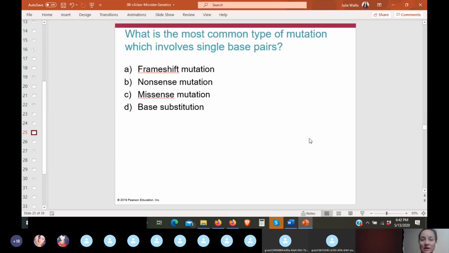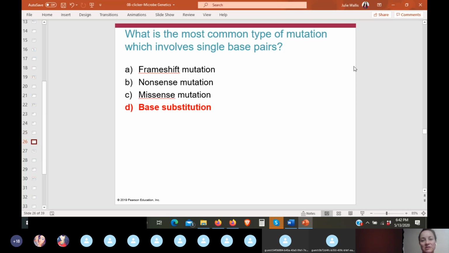Okay, what is the most common type of mutation that involves single base pairs? I don't really go into the specific types of mutations on your test. I don't focus on the different types of mutations. However, because antibiotic resistance often occurs due to mutations in the bacterial genome, whether in the chromosomal DNA or in the plasmid DNA, that's why it comes up again in this chapter.